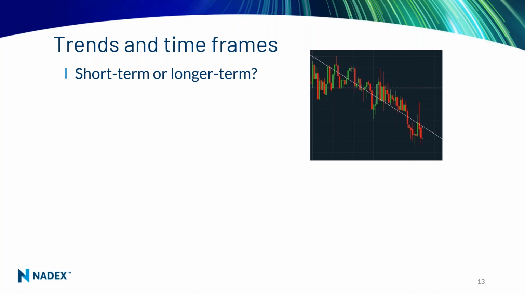If these were minute candles, this could be half an hour, right? We don't know what we're looking at. But if I looked at this chart and I were just looking for a trend, I might say, wow, it looks like it's in a downward trend. On the left-hand side of the chart, it was higher. On the right-hand side, it was lower. So what I'm seeing right now is a downward trend.